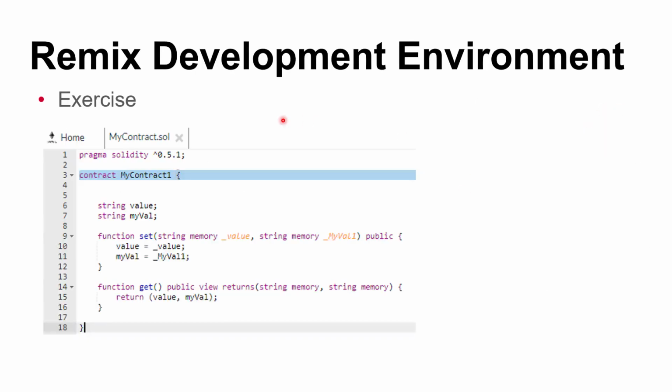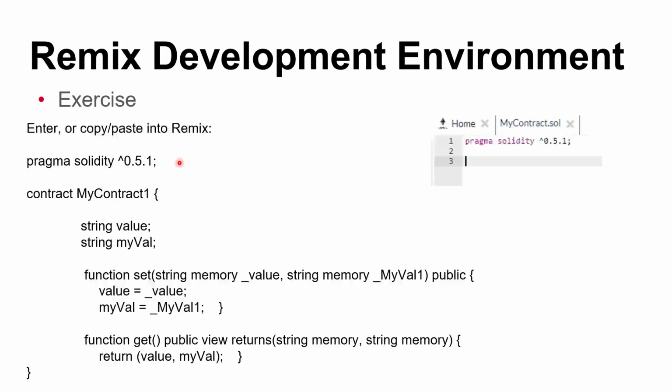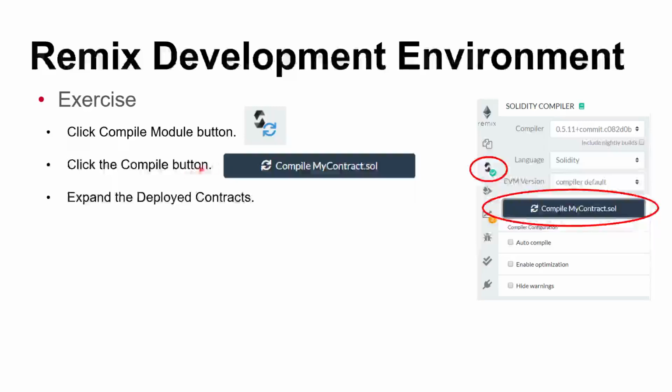Our pragma was set at 5.1, so 5.1 or greater, that's what this means. Compiler version 5.1. And notice here, we are selecting 5.1 or greater as our compiler version. So your pragma and your compiler have to be consistent, or you'll get an error and you'll have to go and address that.